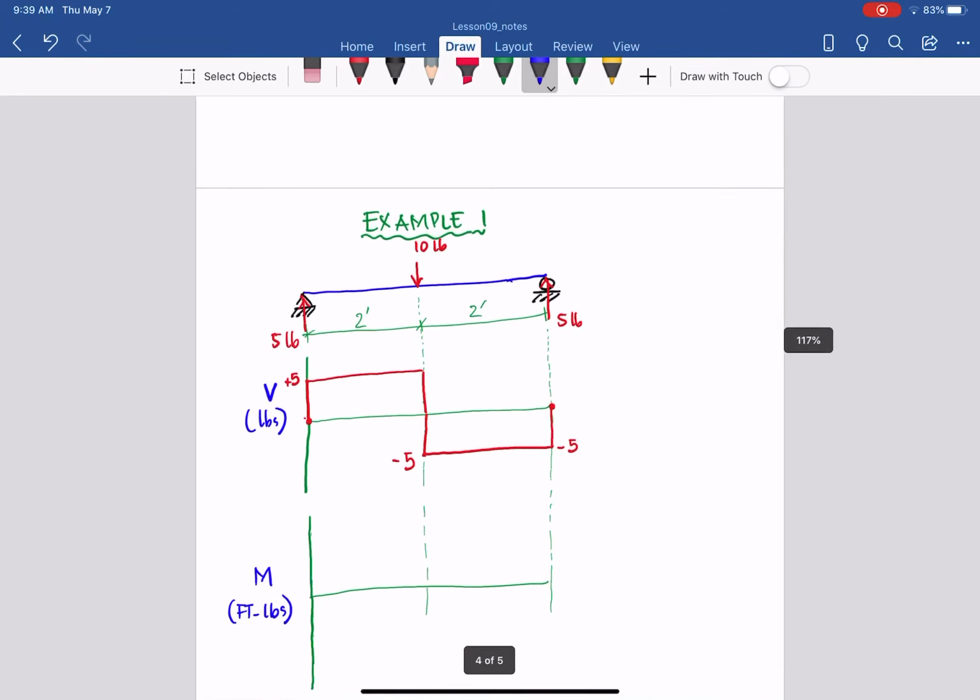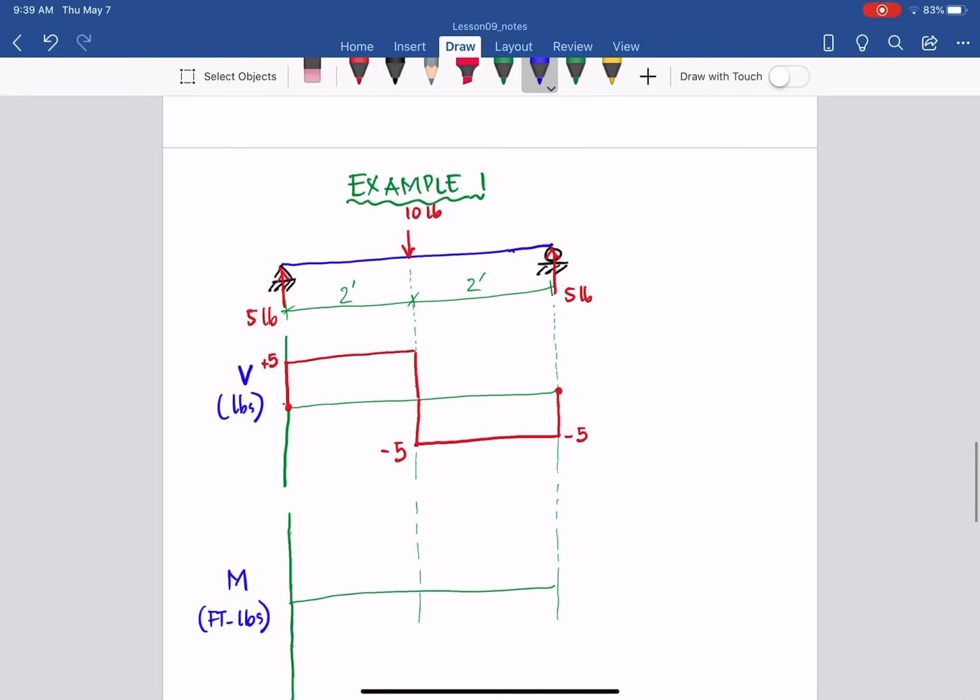The area under the shear curve here from left to the middle, as you can see, equals 10. Everyone see that, right? 10 foot-pound, 5 times 2 is 10. And of course, the area from the middle to the right is -10.